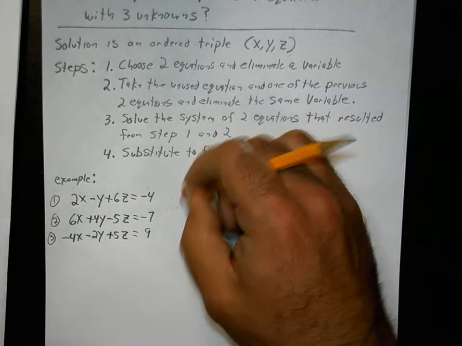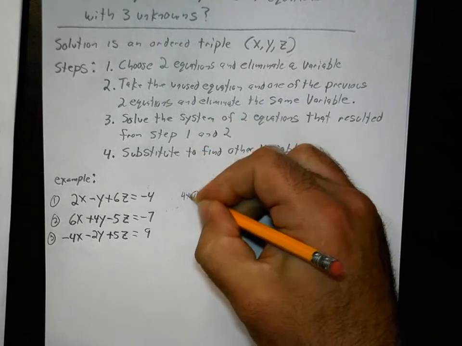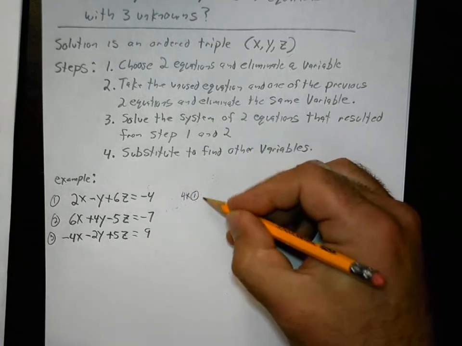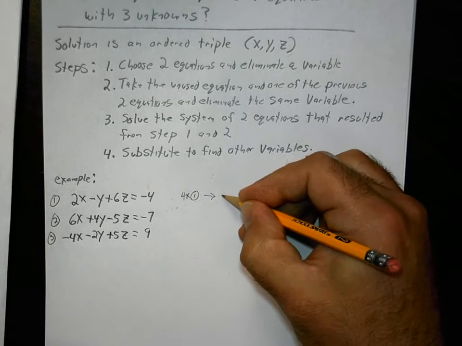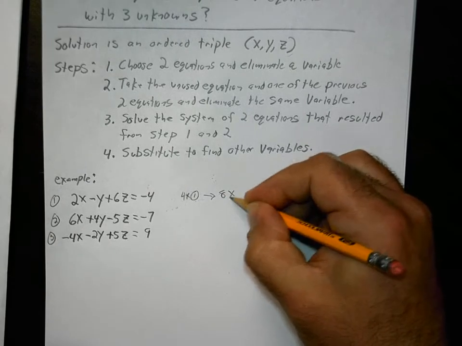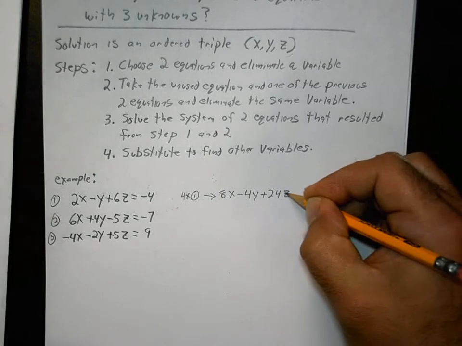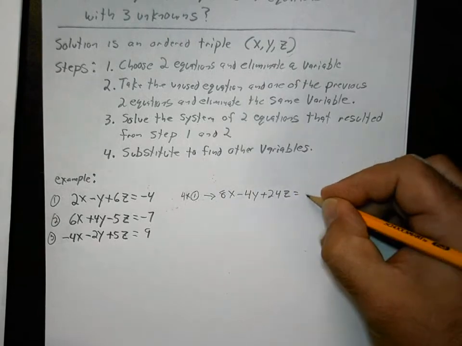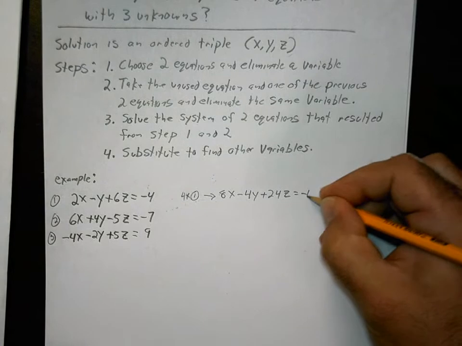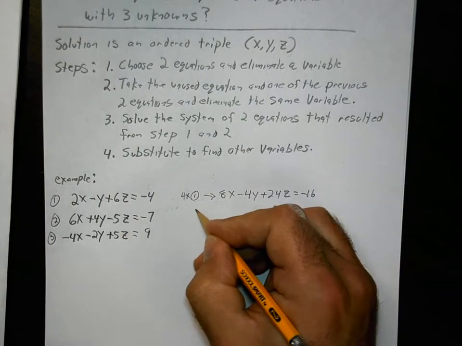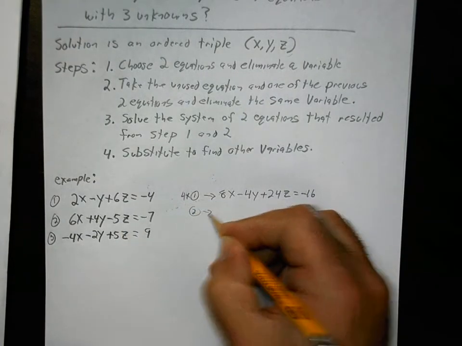I should write it like this: 4 times equation 1. And that's going to be 8x minus 4y plus 24z equals negative 16. And this is just going to remain equation 2 here.